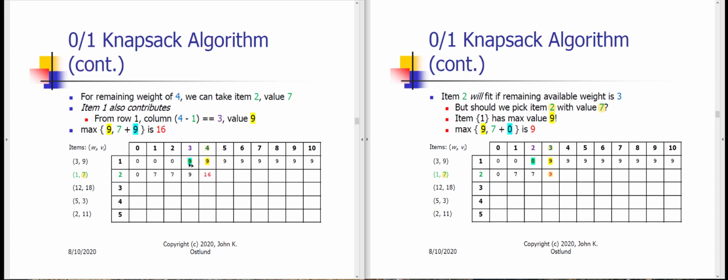Okay, so in this case, when we have 4 units of weight available for use in our knapsack, that's going to be enough space for both item 2 as well as item 1, and the value of those 2 items combined is 16 rather than just 9. All right.